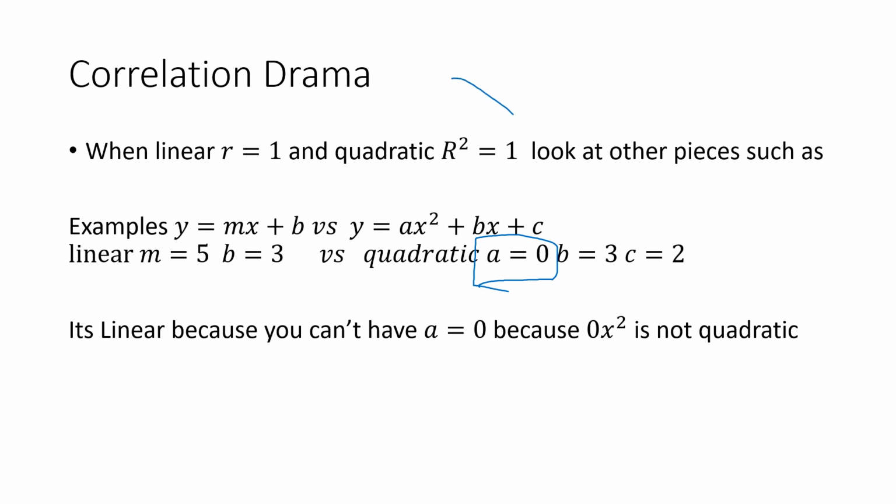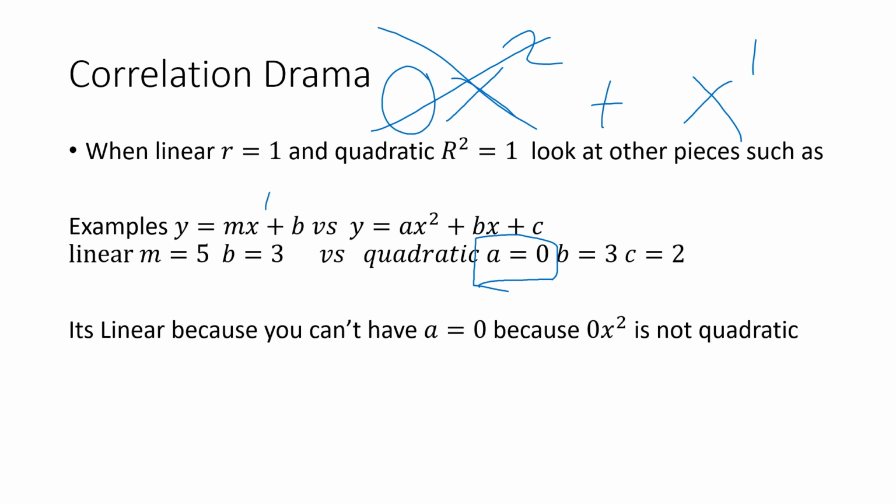Quadratic means that you have an exponent of 2. Your leading exponent is 2. So when I have 0x squared, guess what happens to my quadratic? All that's going to be turned to 0. And I'm left with this guy right here. Linear has an exponent of 1.